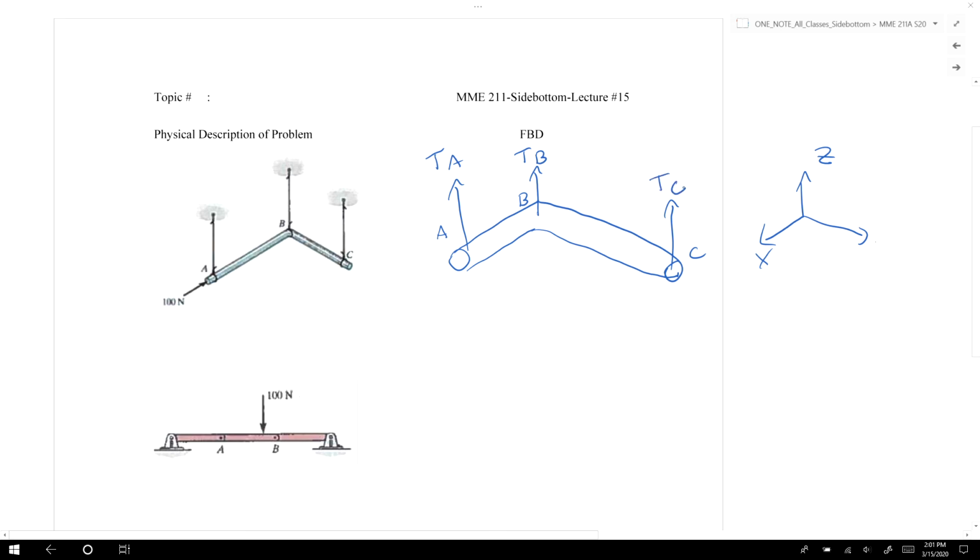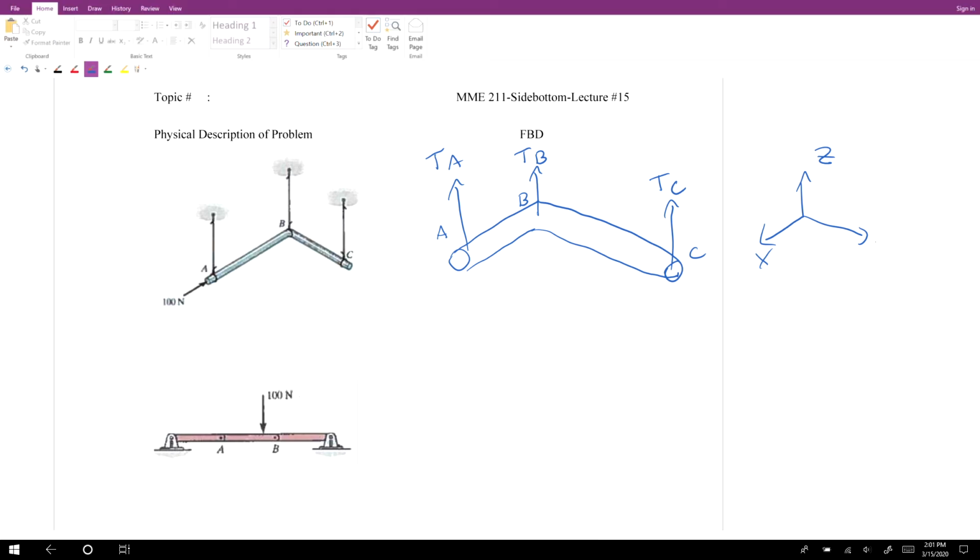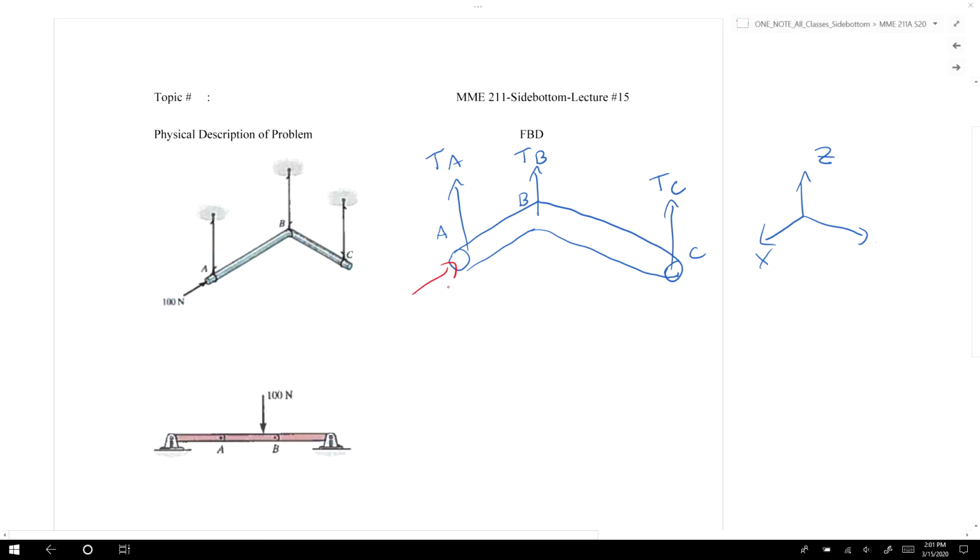And then we have an applied force of 100 newtons here. That 100 Newton applied force is going along the negative x-axis, and the components of TA, TB, and TC are going only in the positive direction. So the sum of the forces in the x direction would be equal to 100 newtons, which does not equal 0. Therefore, we would have an improperly constrained part, right?